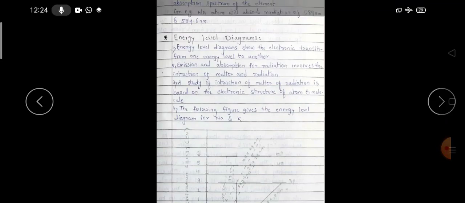Two examples are there: sodium and potassium. Sodium gives you two characteristic wavelengths, 589 and 589.6 nanometer, termed the yellow D lines.